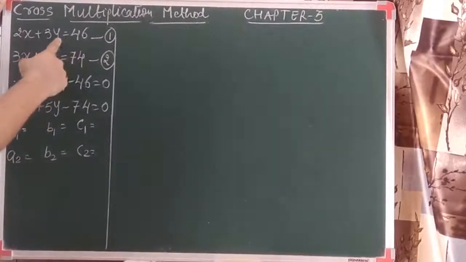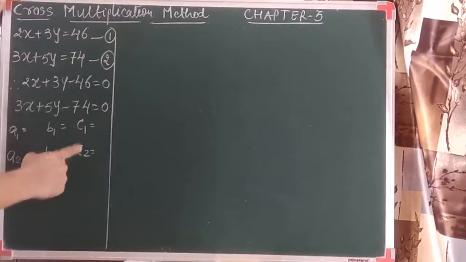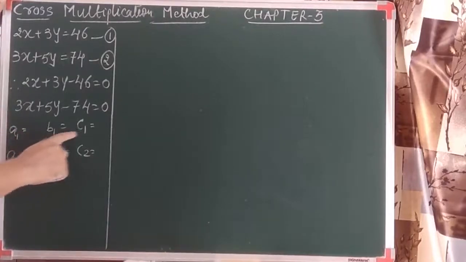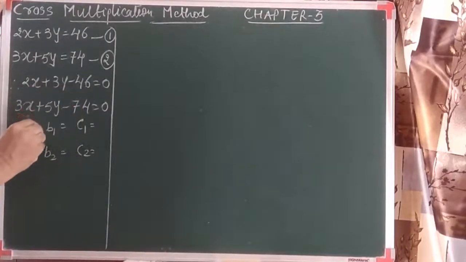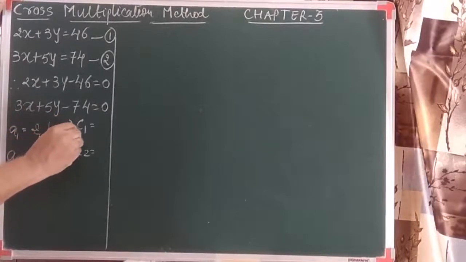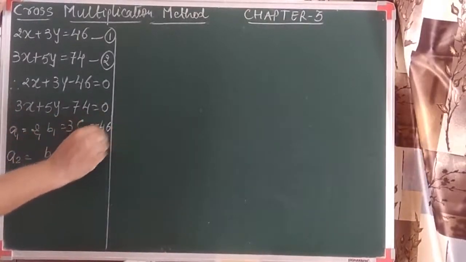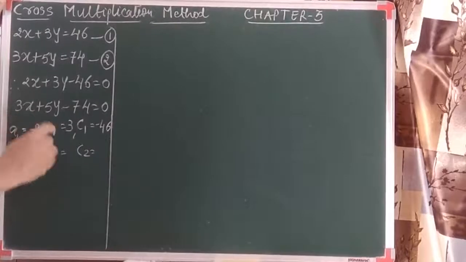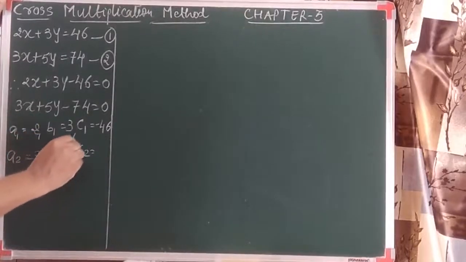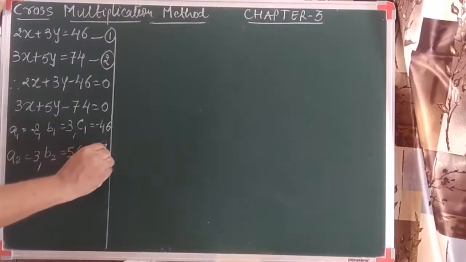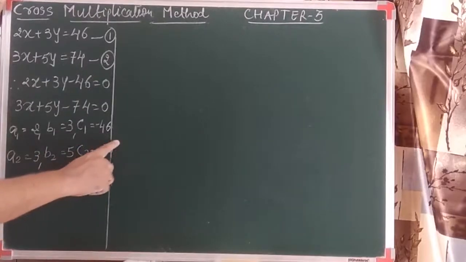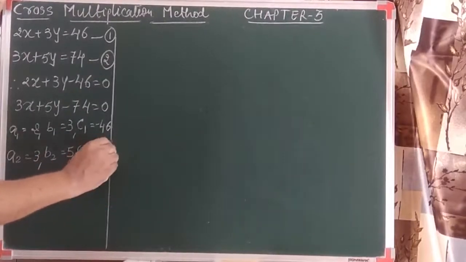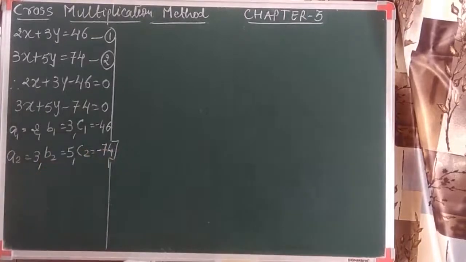If you did not change into the standard form, remember your c1, c2 values will come wrong and you will get the wrong answer. So for the first equation, a, b and c are 2, 3 and minus 46. For the second equation they are 3, 5 and minus 74. If these values are correct, remember that you have done 30% of the sum correctly.